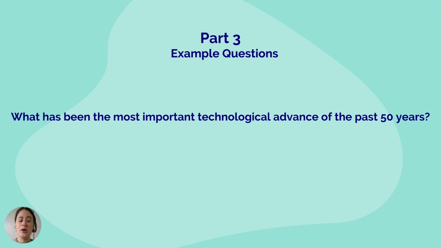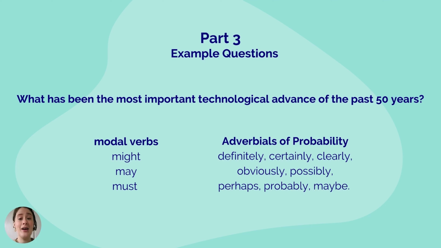Our question is, what has been the most important technological advance of the past 50 years? Now, think about what different grammar points come to mind when you see this question. Remember, our question is, what has been the most important technological advance of the past 50 years?